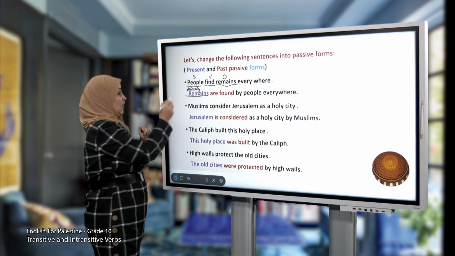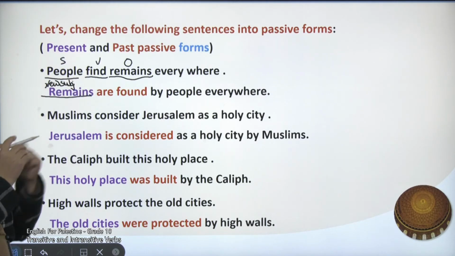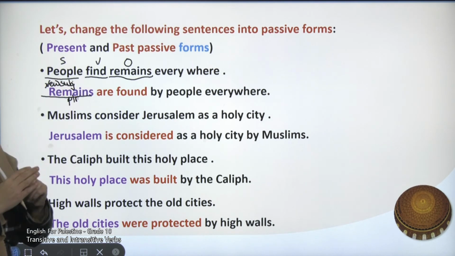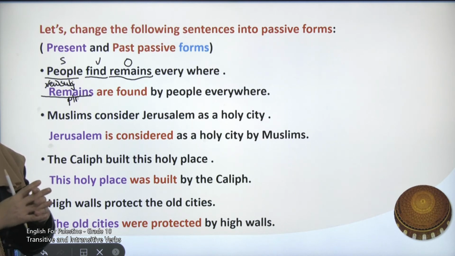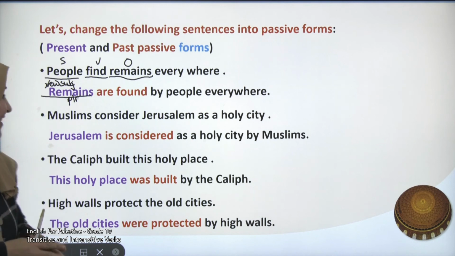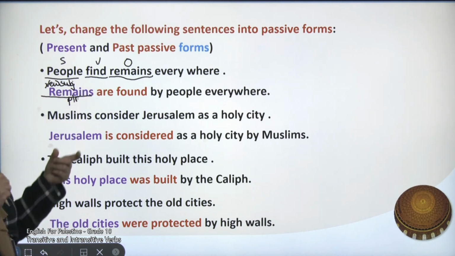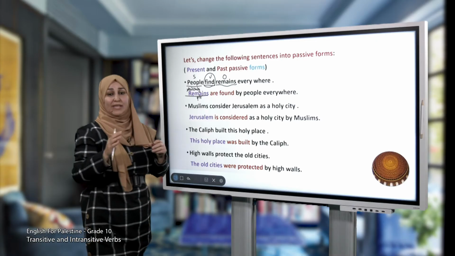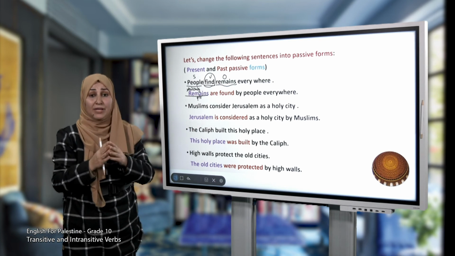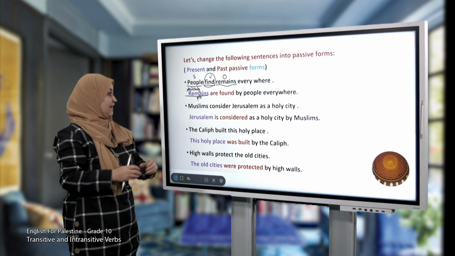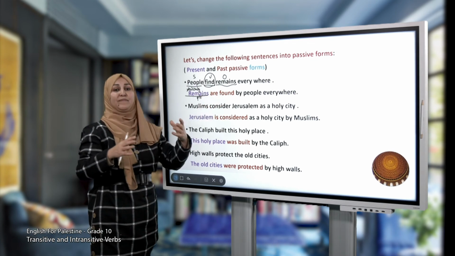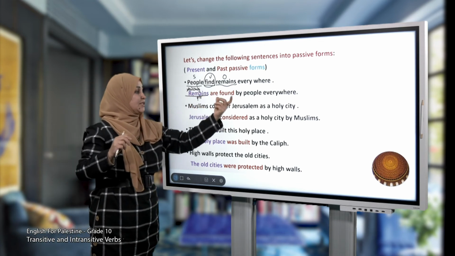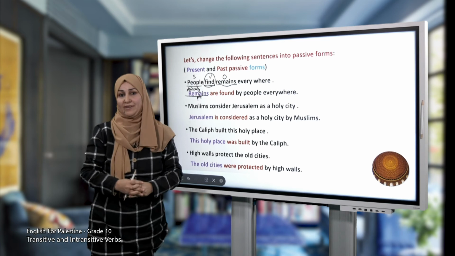Again, it depends on the subject and the verb. The subject is plural and the main verb is present. So, we have to bring are. So, remains are. The verb here is find. What is the past participle of the verb find? The past participle is found. Again, the sentence: remains are found by people everywhere.